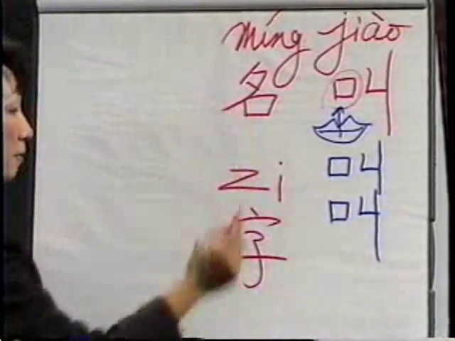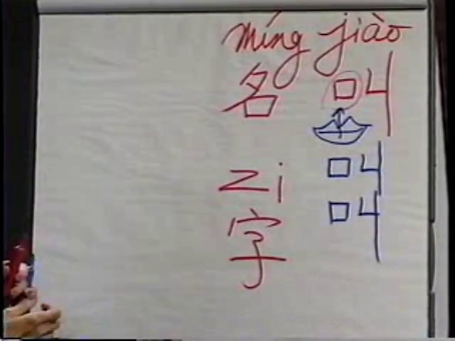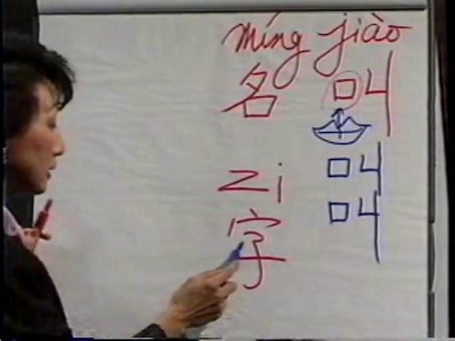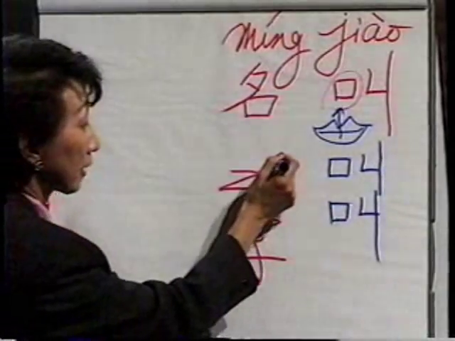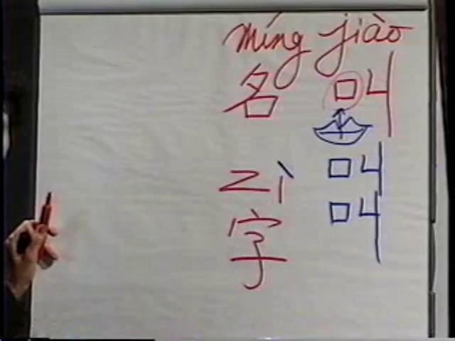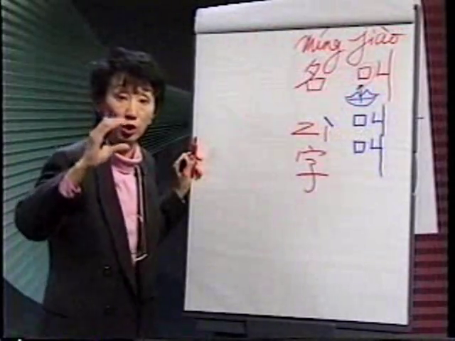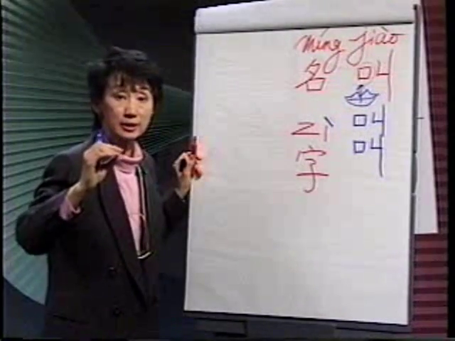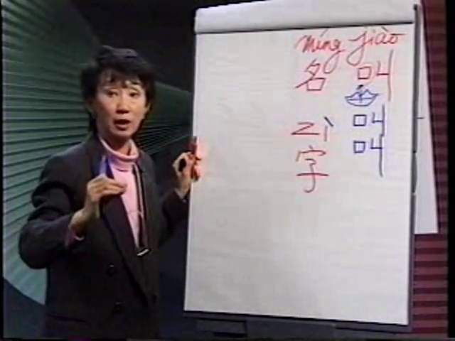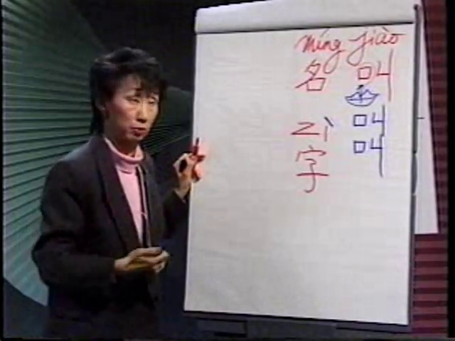So your name carried out by words is your name. Originally, this character is supposed to be read in the fourth tone, 字. But when it turns into a special noun, when two words merge together, the second word most of the time turns into a neutral tone. That's the way Mandarin works.